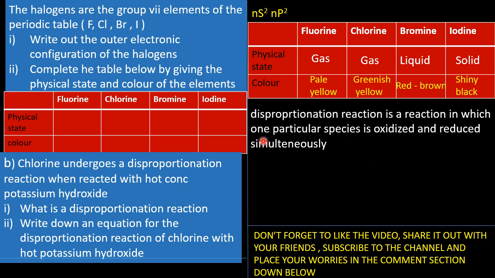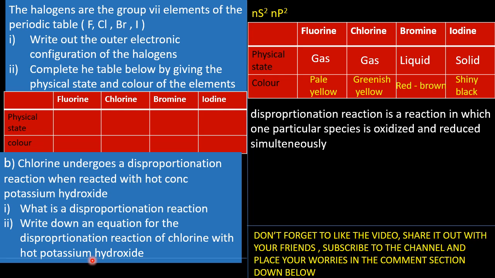Good. Then the next question wants us to write down an equation for the disproportionation reaction of chlorine with hot potassium hydroxide. So guys, keep in mind that they've specified hot potassium hydroxide because the reaction of chlorine with potassium hydroxide varies. If it is hot potassium hydroxide, we expect a different product from that of cold potassium hydroxide.